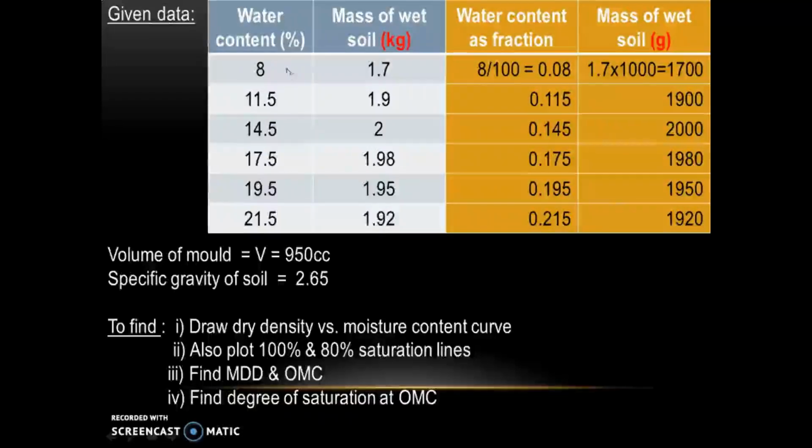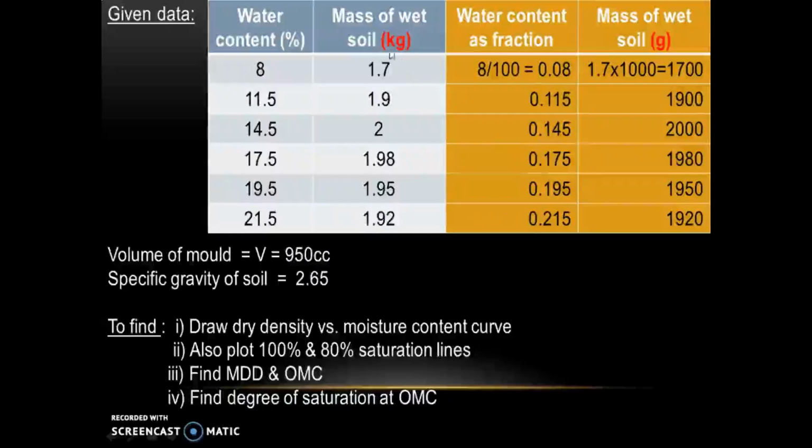These are the water content values given in the problem in terms of percentage, and these are the values of mass of wet soil in terms of kg. We will write water content, which is there in terms of percentage, as a fraction, that is 8 divided by 100, which is equal to 0.08, and so on for the rest of the values.